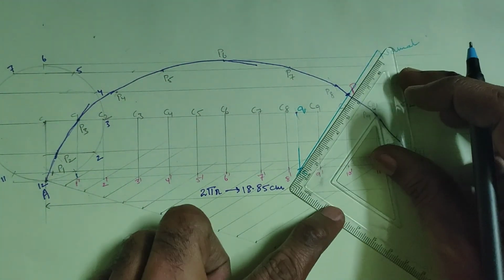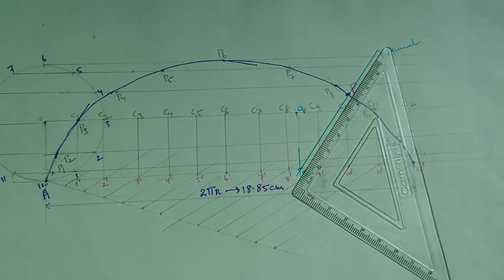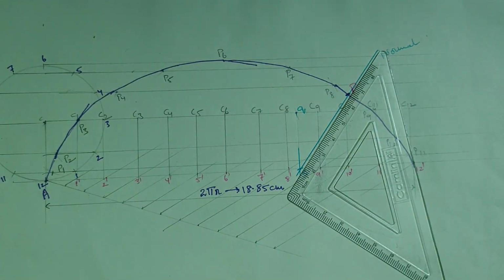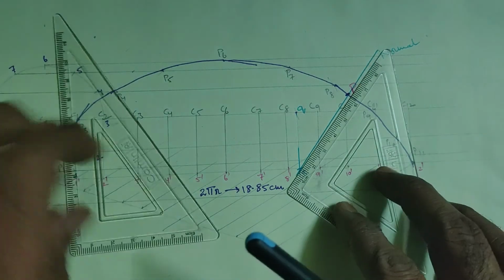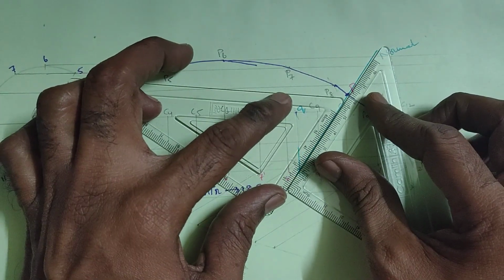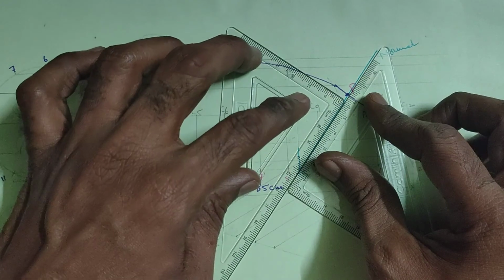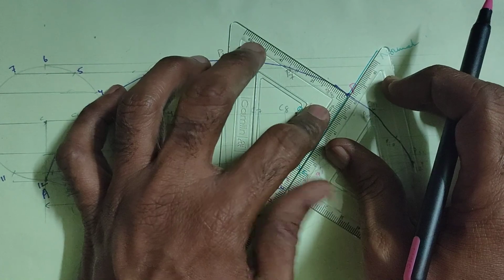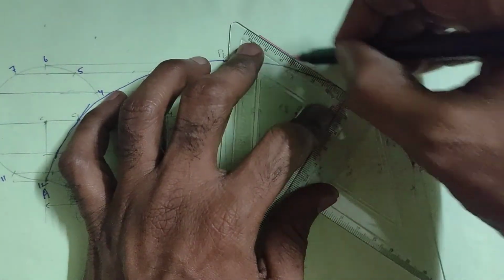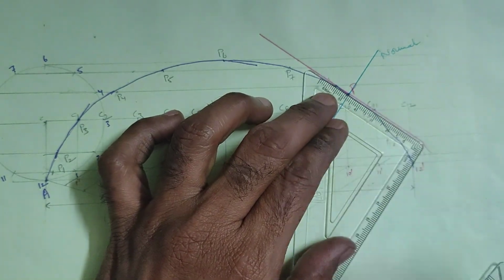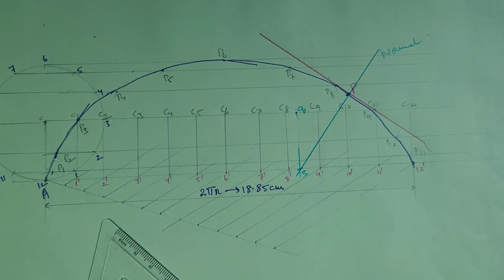And to this normal we have to draw a perpendicular line in order to get the tangent. That is how we have to draw the normal and tangent to this particular graph.